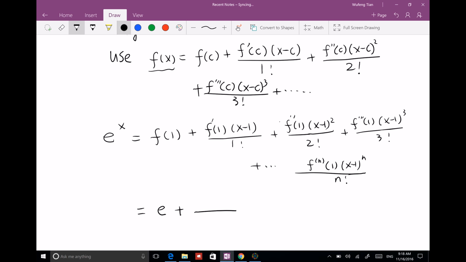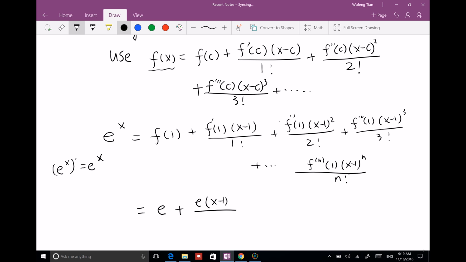Okay, it's still e, because the derivative of e to the power x is itself. It doesn't change. So f'(1) is still e, so it's e(x minus 1) over 1 factorial, plus e(x minus 1) squared over 2 factorial, plus e(x minus 1) cubed over 3 factorial.